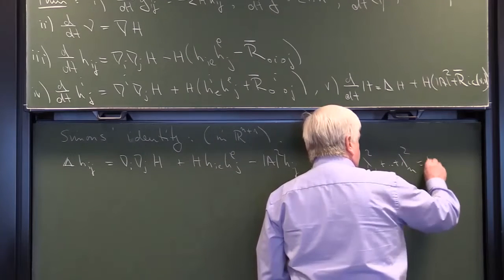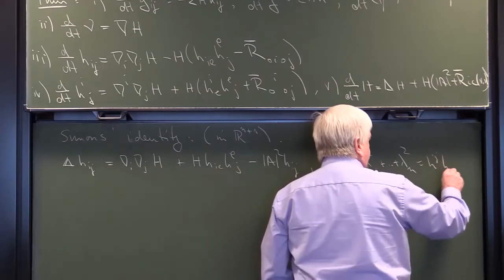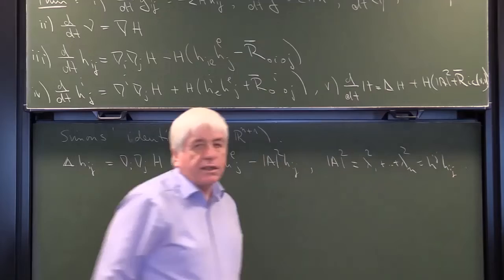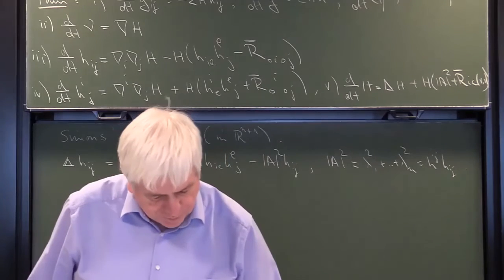So another way of writing this would be h upper ij, h lower ij, sum over i and j.